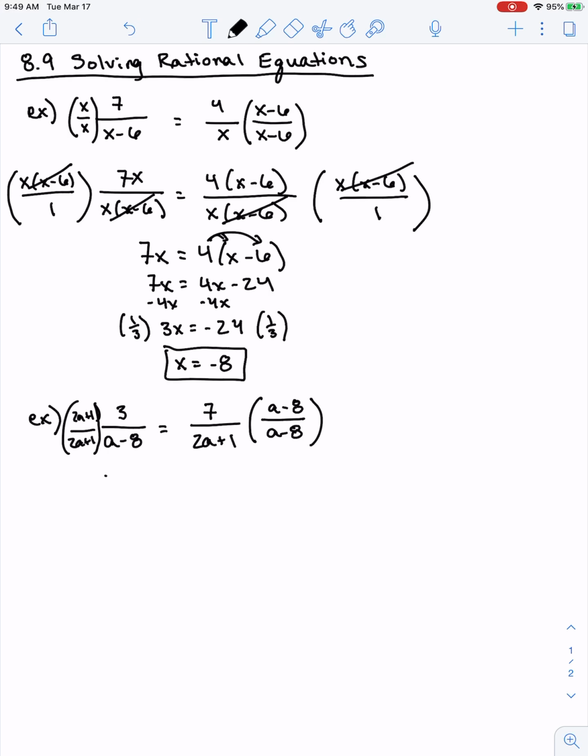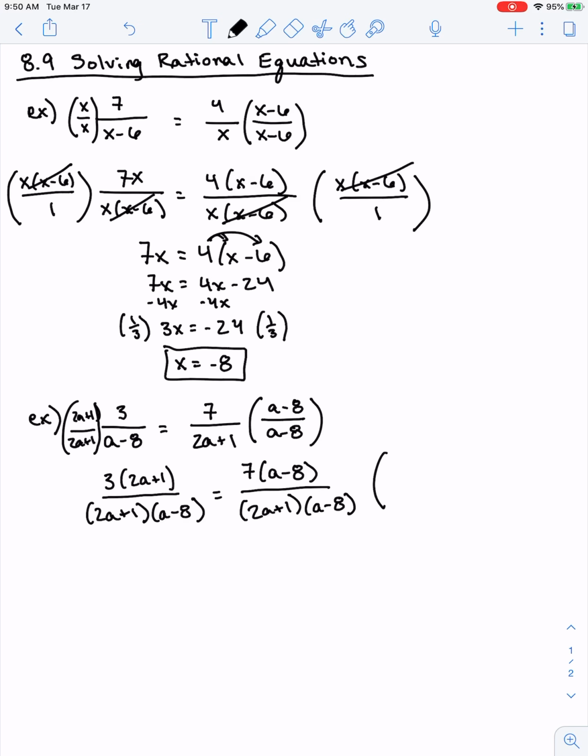And we get 3 times the quantity 2a plus 1 all over the common denominator, 2a plus 1, a minus 8. It's equal to 7 times the quantity a minus 8 all over 2a plus 1, a minus 8.